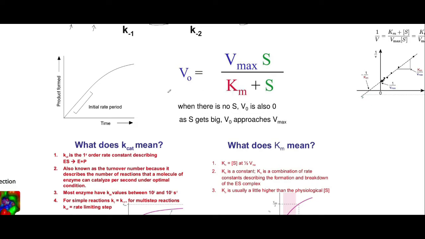So what we do in a steady state enzyme kinetics assay is we put our substrate at some given concentration, and our enzyme at some given concentration, both of which we know, and we measure the formation of product.